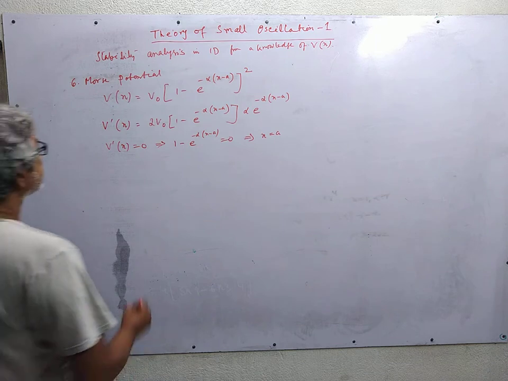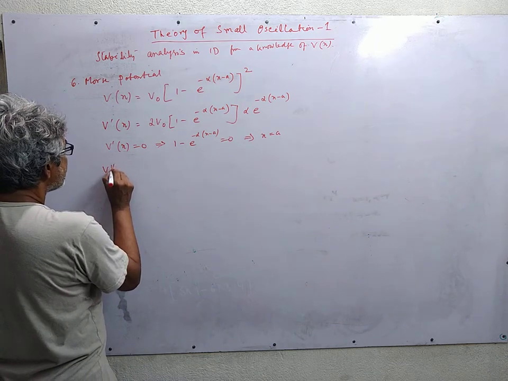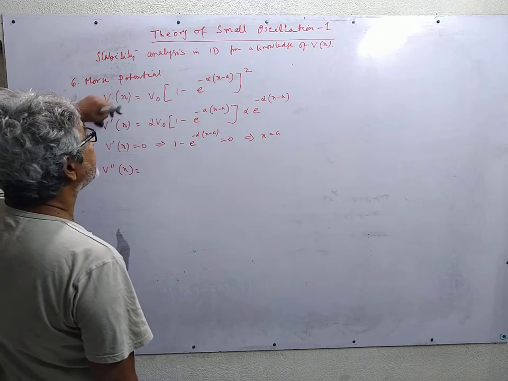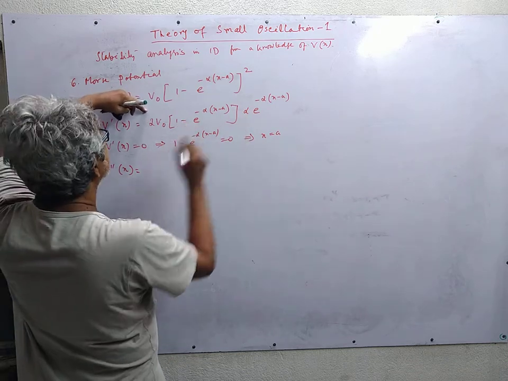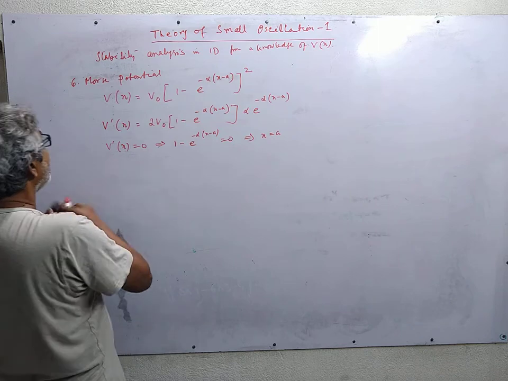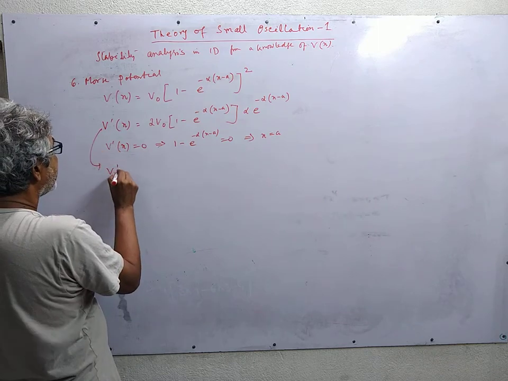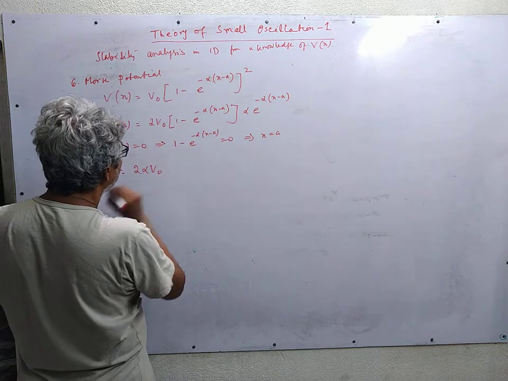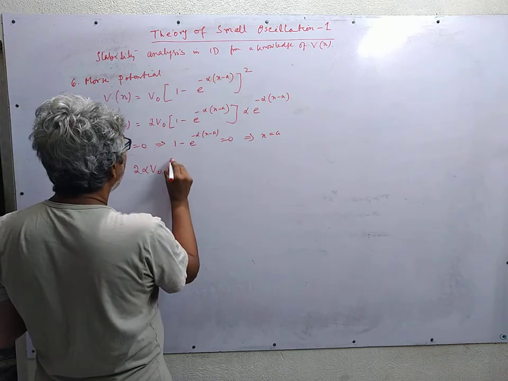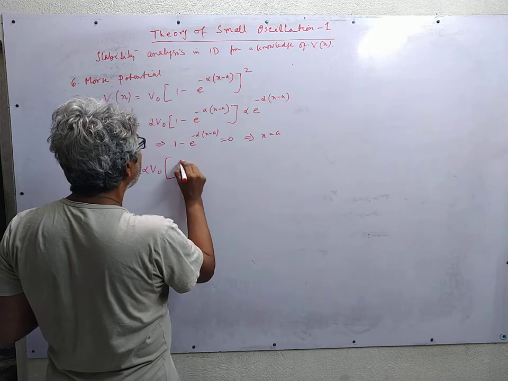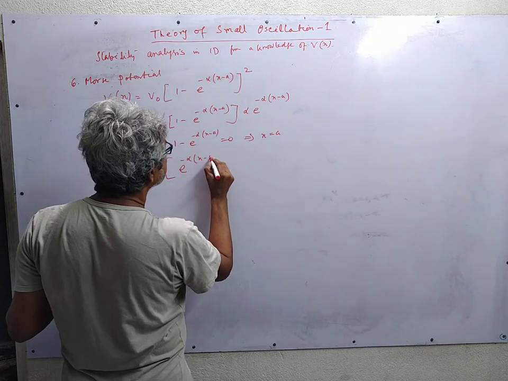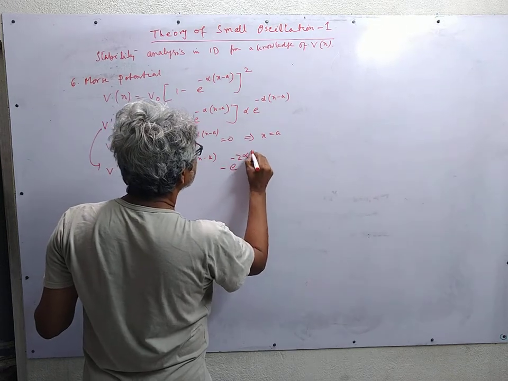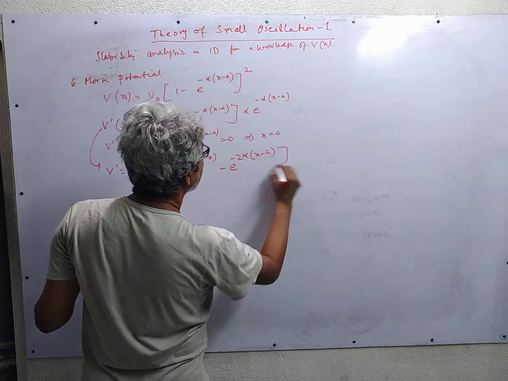And if we calculate the second derivative, we first derive the expression for V prime. So this is twice alpha V0, which are positive constants, and then we have e to the power minus alpha (x minus a) minus e to the power minus 2 alpha (x minus a).